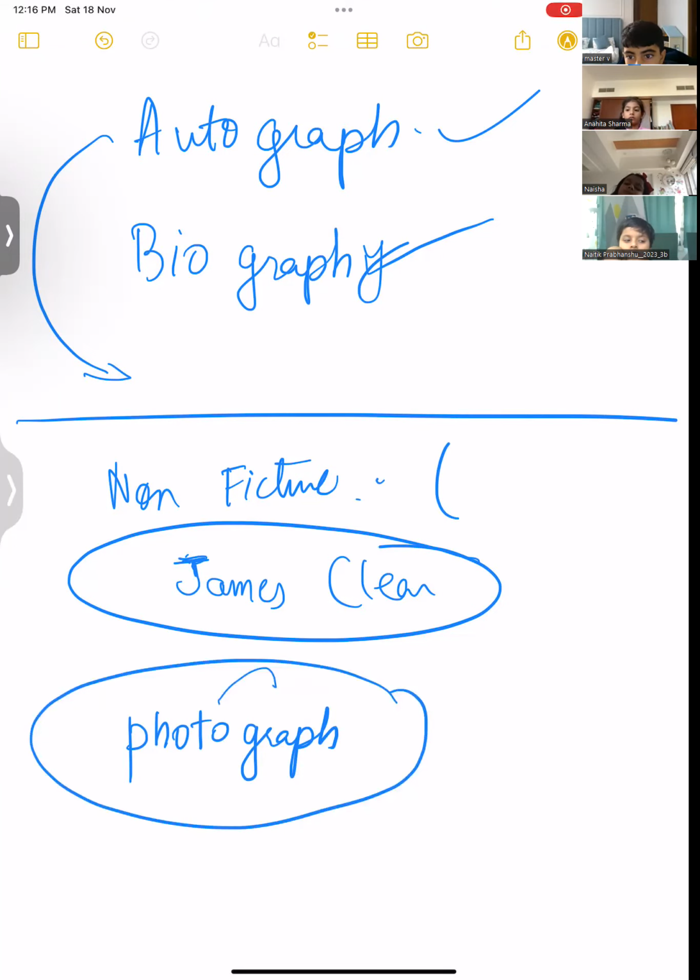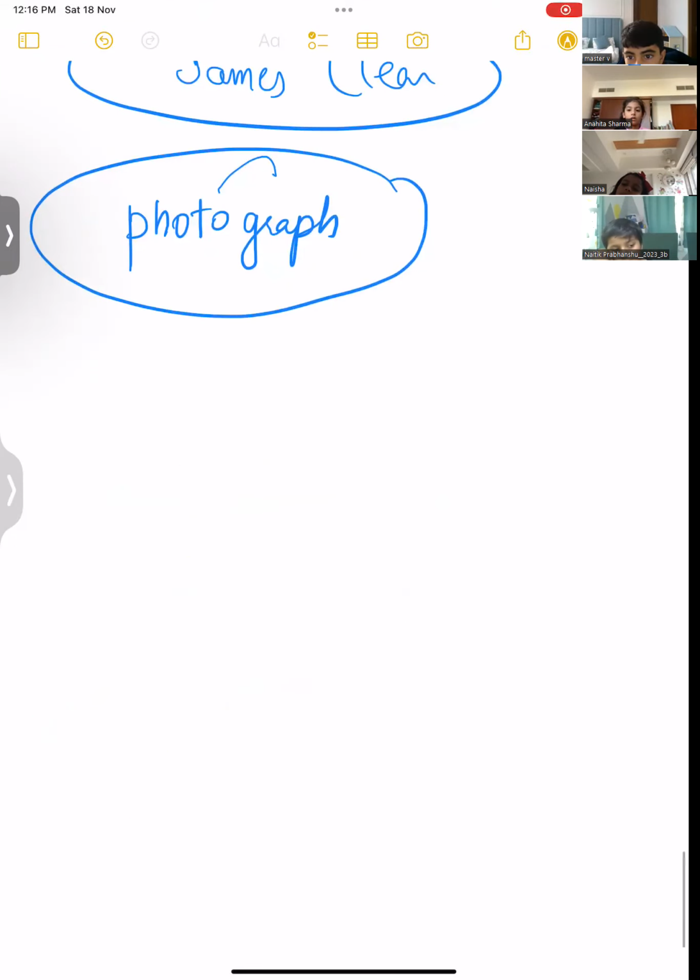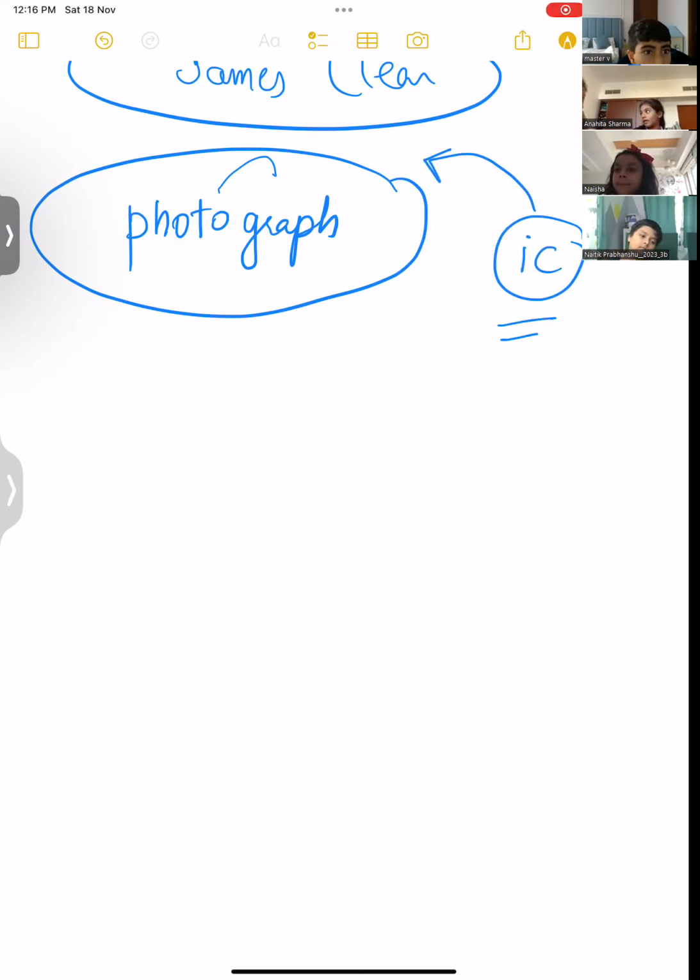Okay. Ayantika, add the suffix ik to photograph. What will be the new word? Photographic. Naisha, replace the suffix ik in photographic and give me another word.